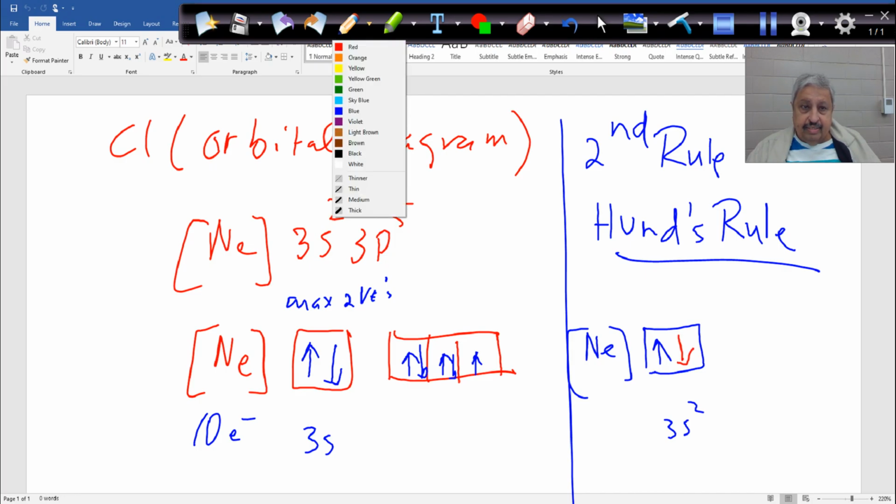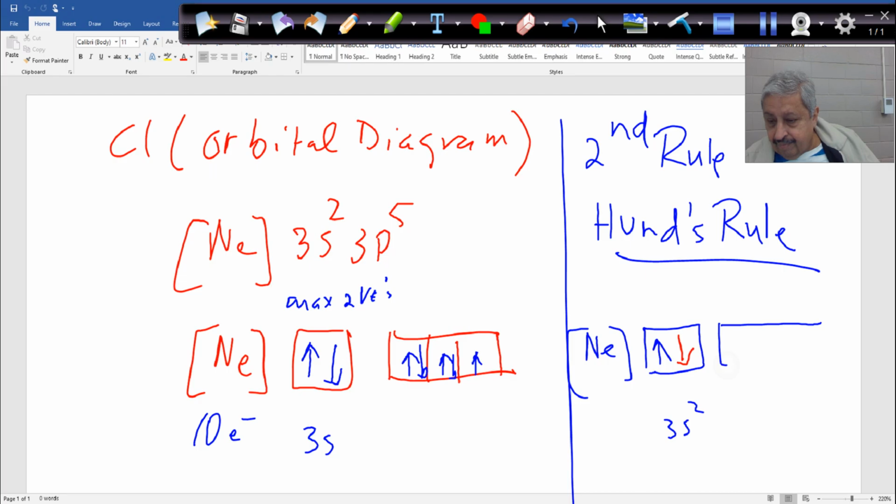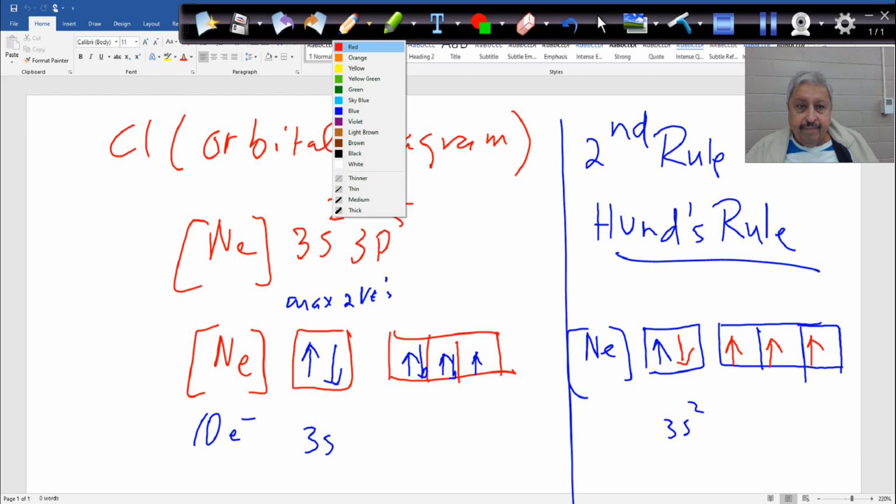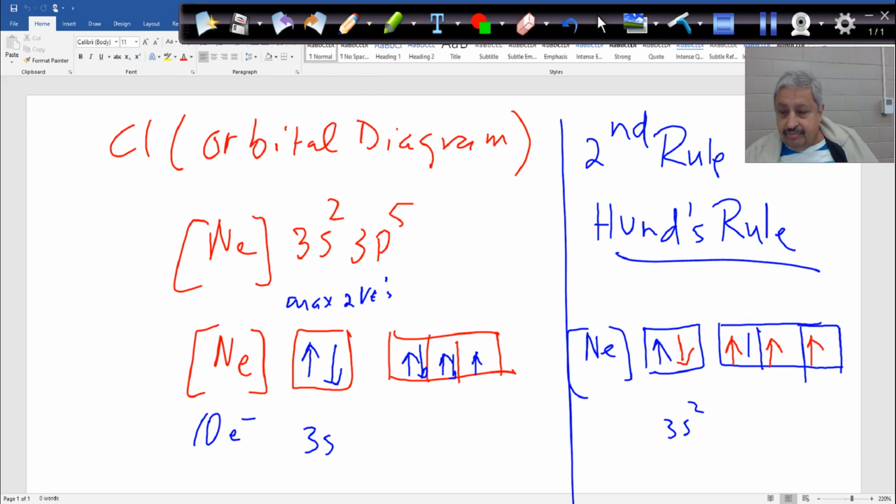And you can see it in the second orbital. You have 3 here. So when you enter them inside, first they enter singly and parallel to each other, meaning they have the same spin. So up, up, up, correct? And then down, down.